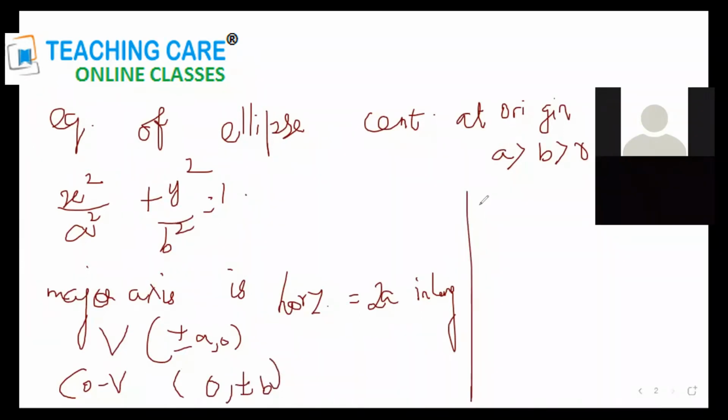Similarly, if your equation is x squared over b squared plus y squared over a squared equals 1, in that case your major axis will be vertical.